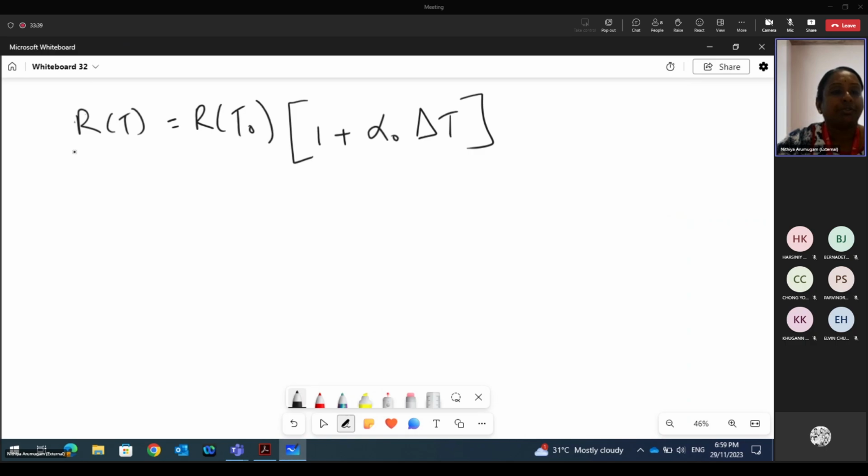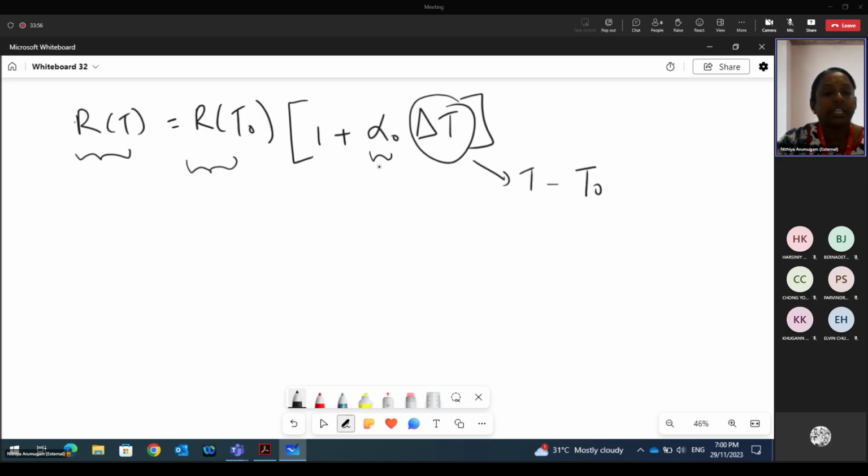RT is the resistance at temperature T, R at T naught is the resistance at T naught, this is the temperature difference between T and T naught, and this is the coefficient, or fractional change in resistance per degree of temperature at T naught. So the information given in the question is the input and output, right?